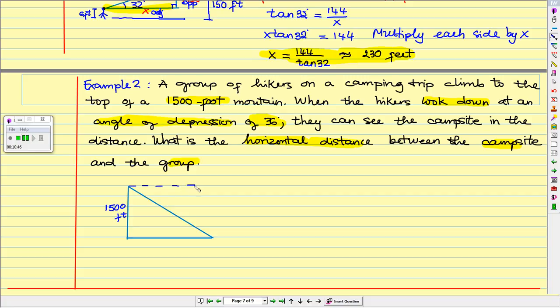And the angle of depression means this group of hikers looks down, so this angle is 36 degrees. This is where the camp is. We want to find the horizontal distance between the campsite and the group. I'm going to call this x, so we want to find x.